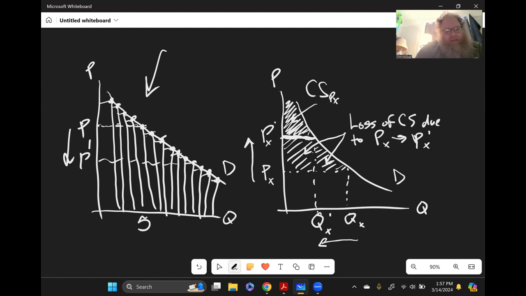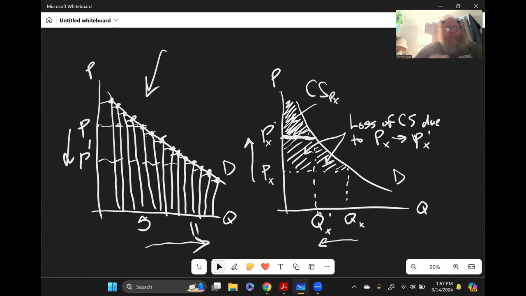And then at P prime this is 1, 2, 3, 4, 5, 6, 7, 8, 9, 10, 11. As the market moves from consuming 5 units to consuming 11 units, the reason we know the market's going to do this is because the points on the demand curve represent willingness to pay. They represent reservation prices.